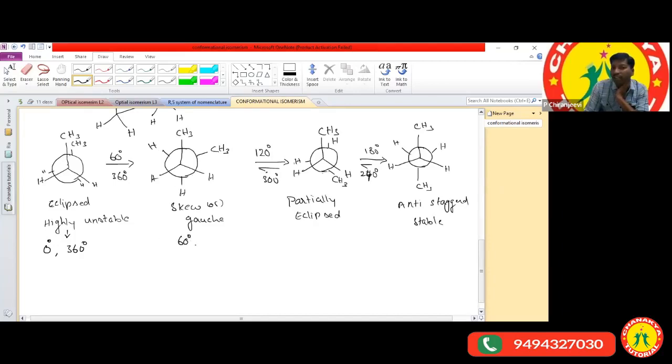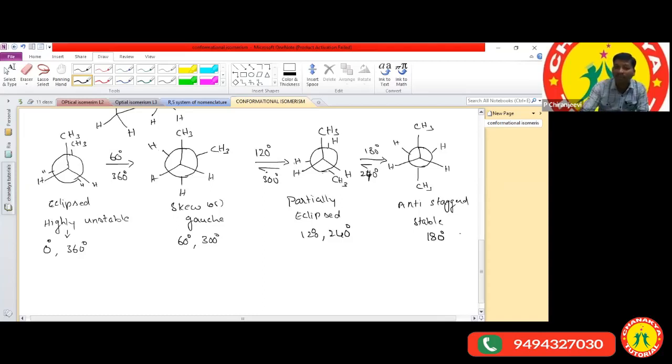One is 60, and another is by rotating 300 degrees. Partially eclipsed form is obtained at 120 degrees and 240 degrees. The anti-staggered form is obtained exactly at 180 degrees only.